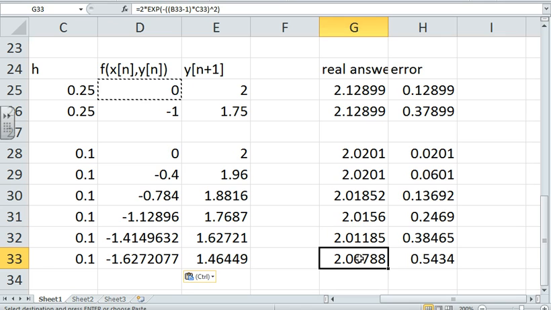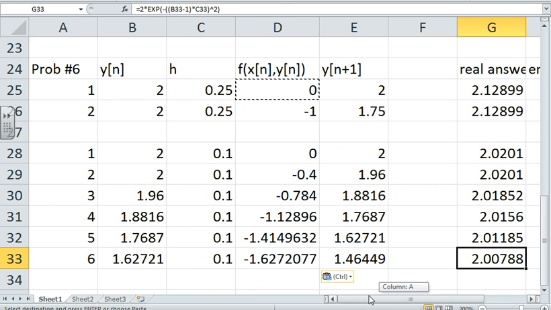Anyway, everything's fine except my real answer, which I don't have right. That doesn't just torque you right off. 31, which is a 6, minus 1 gives me a 5. 5 times 0.1 gives me a 0.5. There's no reason that shouldn't be right.